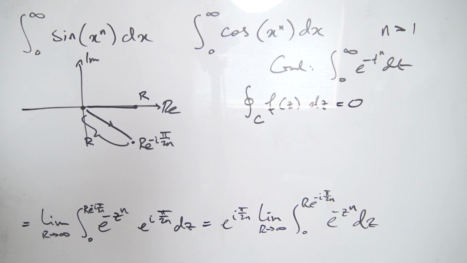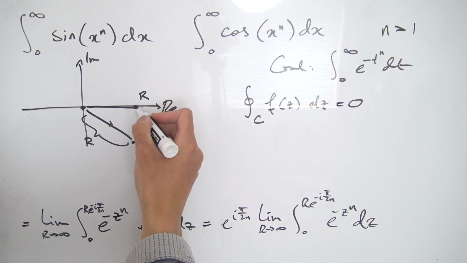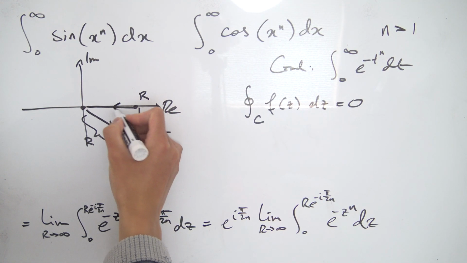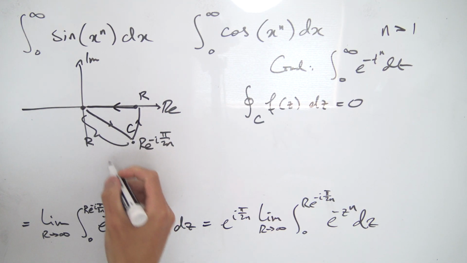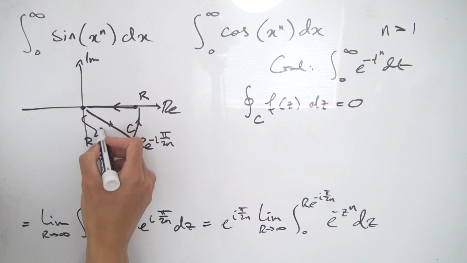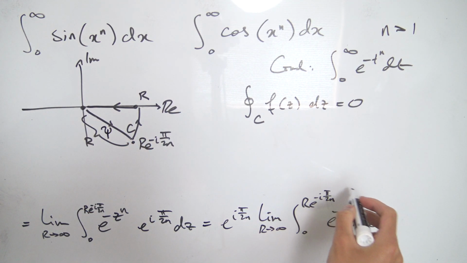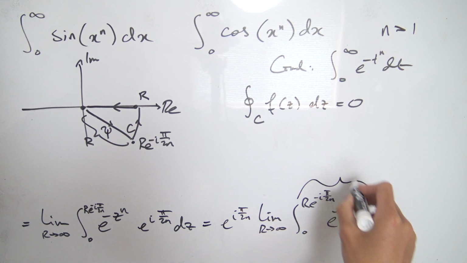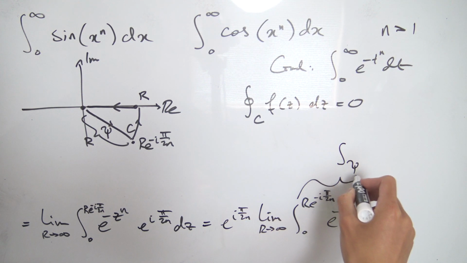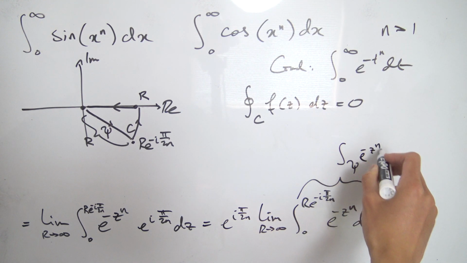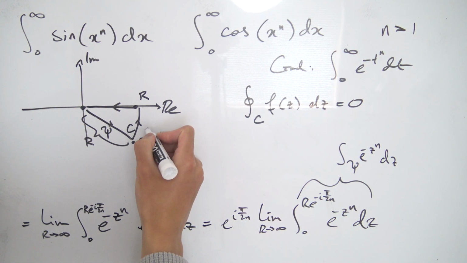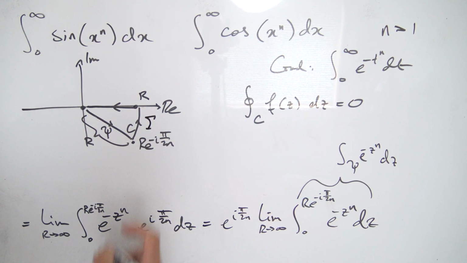And this is very useful because now, if we construct a closed contour, let's call this whole contour C, and let's call this path that's going down here psi. So we can rewrite this as the integral over psi of e to the minus z to the n dz. We can call this path out here gamma, and then obviously we have this interval on the real axis.